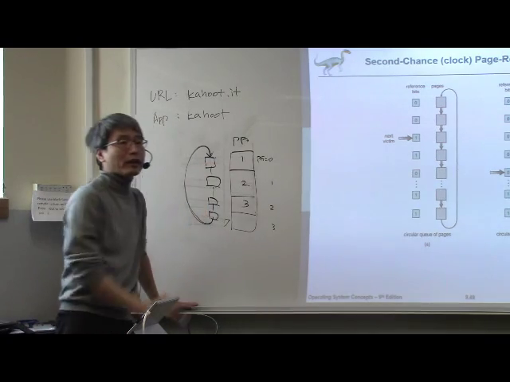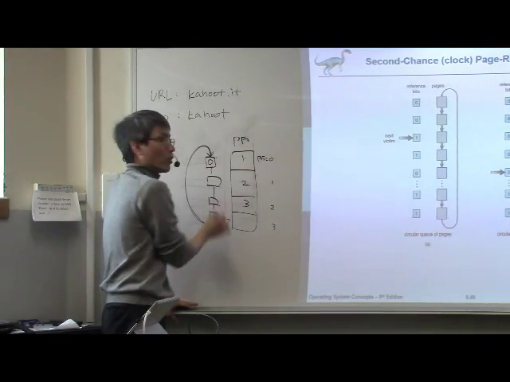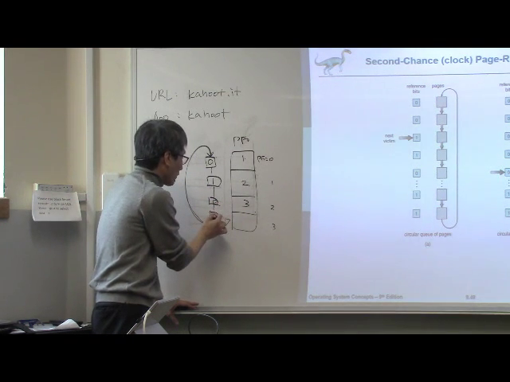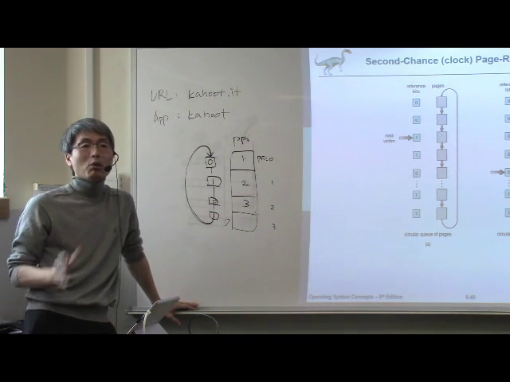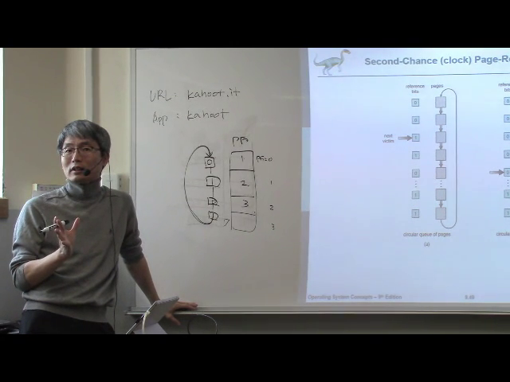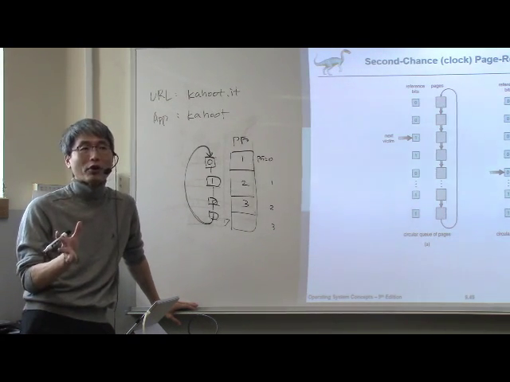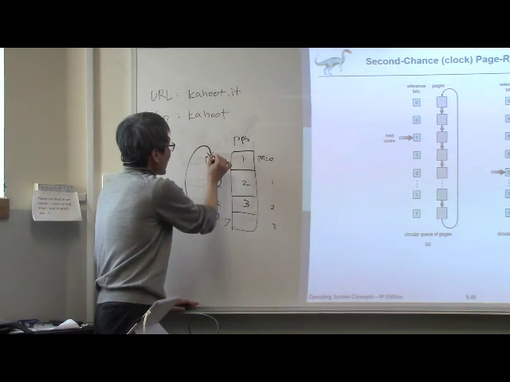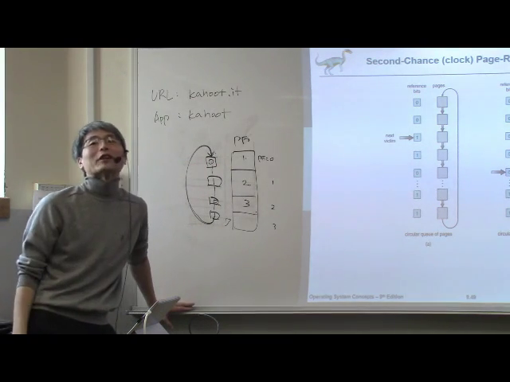Then same idea: if not referenced 0, if referenced 1. Our goal is to find the first 0. The 0 is not referenced. For example, if we start from here, this one will be the victim.